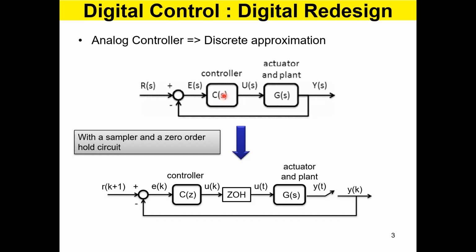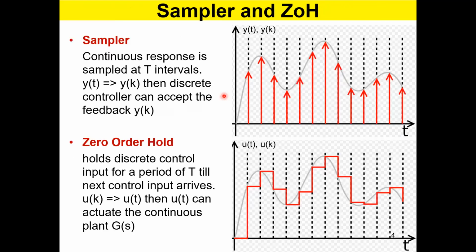Okay, right. So sampler, there you can see y(t) and y(k). So this is y(t), the continuous signal. It goes like this. And then you take the red arrows, the samples you are taking at regular intervals. The red arrows, right? These are a set of numbers. That is y(k).